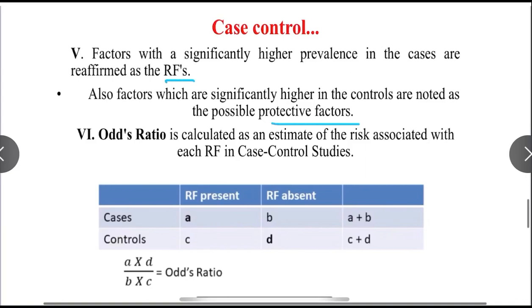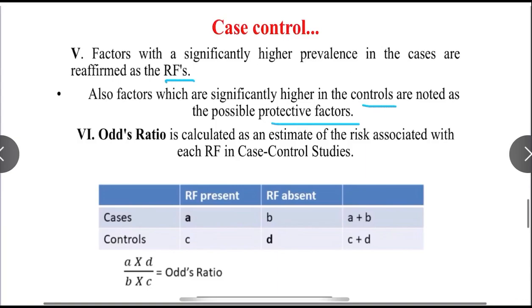Then we have the protective factor. Protective factors are those factors which are more in controls, and remember, controls are those without the disease but somewhat similar to the cases. So a factor which is significantly higher in controls is noted as a possible protective factor.